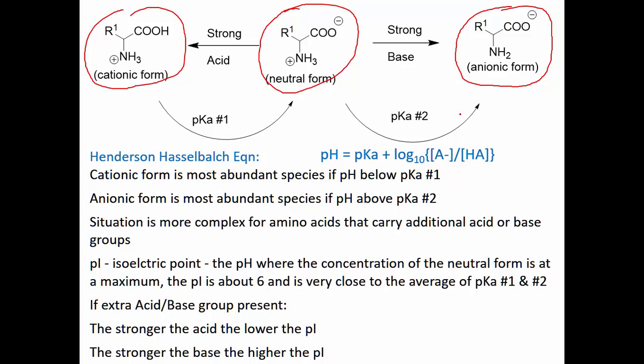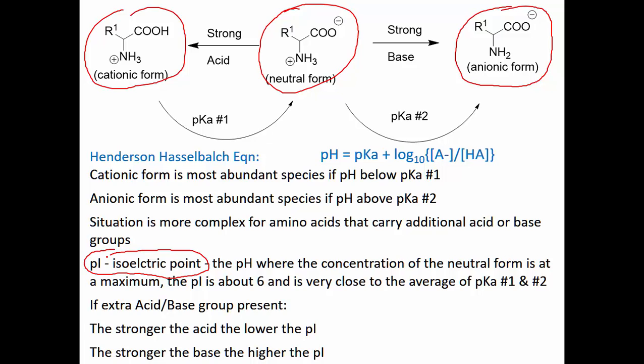All right, a special value that is characteristic of all amino acids is called the isoelectric point, the pI value, and this is the pH where the concentration of the neutral form is at a maximum. If we have an amino acid that doesn't have any extra acidic or basic groups in it, the pI is about 6, okay?